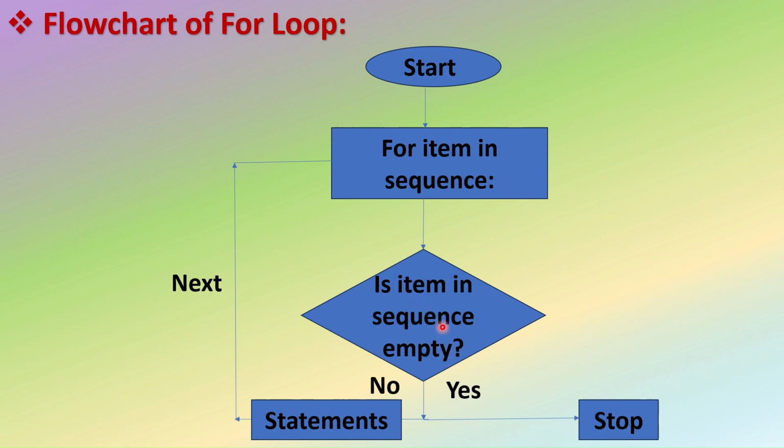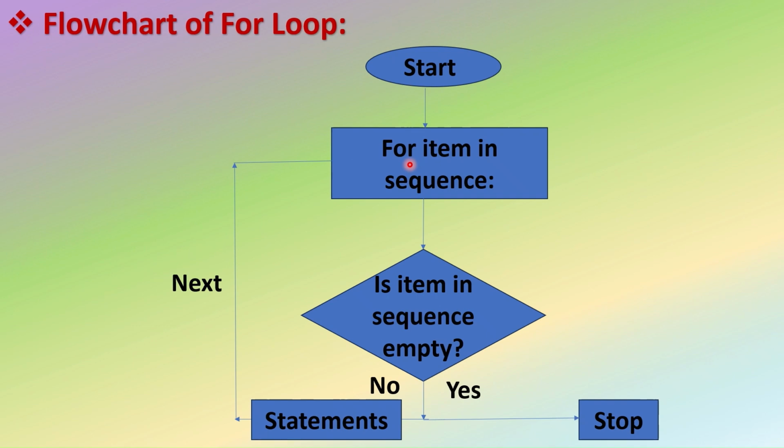If the item is present in the list, then it executes the block of statements inside that for loop, and then it moves on to the next item in the sequence. If it doesn't find another item in the list, then it goes in this path, which means it comes out of the for loop, and whatever statements follow, for example an else statement, are executed.